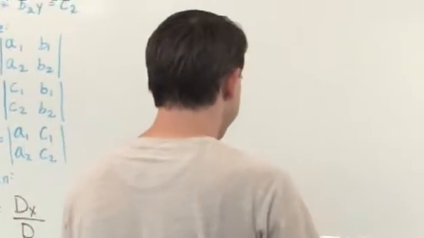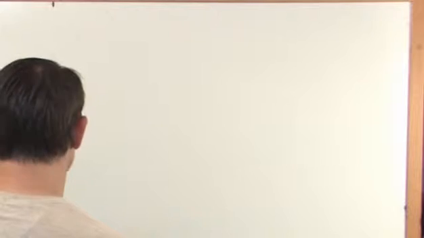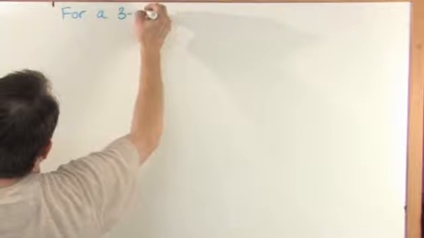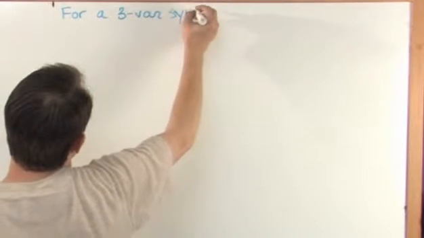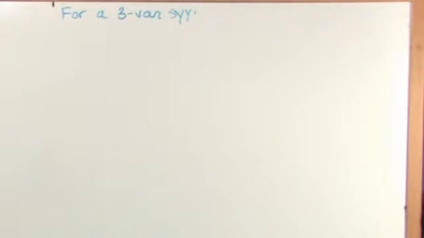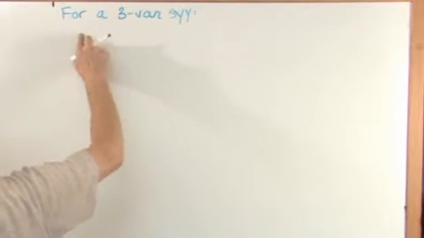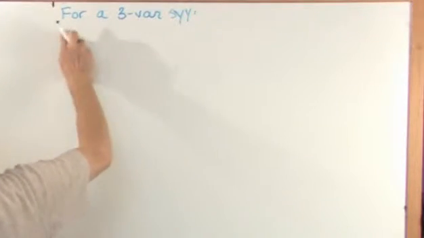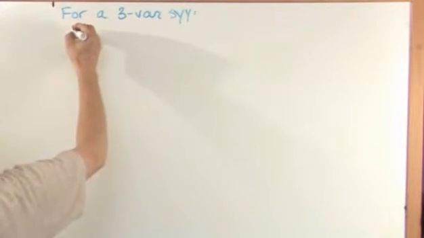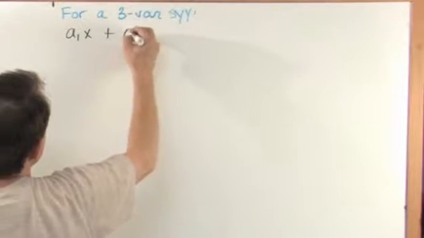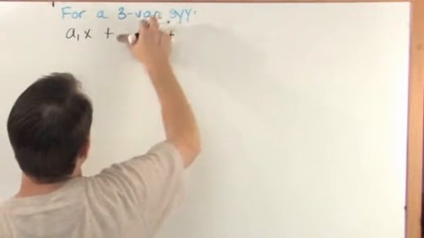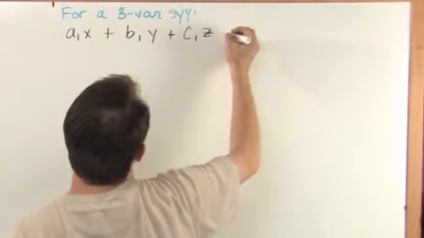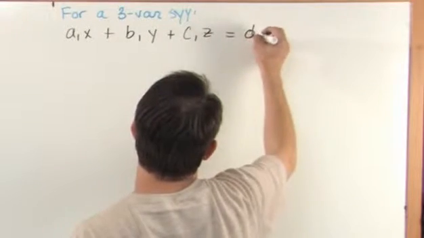Now what I want to do next is show you what Cramer's rule looks like for a three-variable system. For a three-variable system, it's generally really the same kind of thing. It's just that I want to write it down for you so you're not confused. In general, if you were going to write down a system of three variables, x, y, and z, then you would have a sub 1 times x plus b sub 1 times y plus c sub 1 times z is equal to d sub 1.